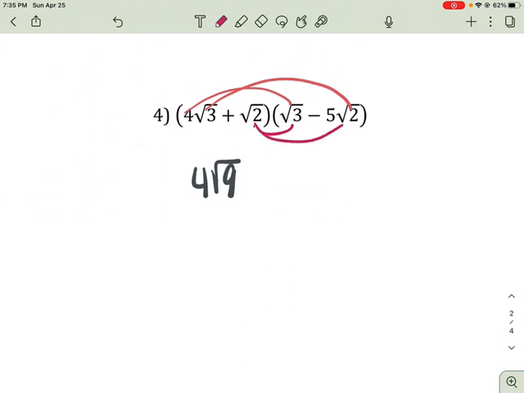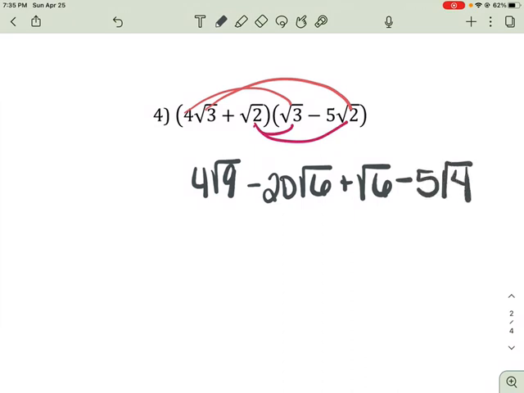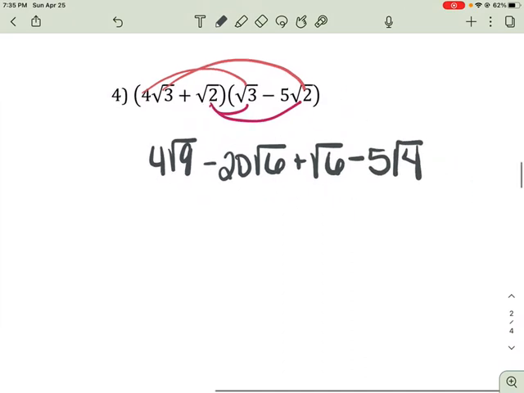And then we're going to do this. Okay? All right, so 4 square roots of 3 times the square root of 3, 4 square roots of 9, minus 20 square roots of 6, plus square root of 6 minus 5 square roots of 4. Now we're going to try and simplify anything we can simplify.